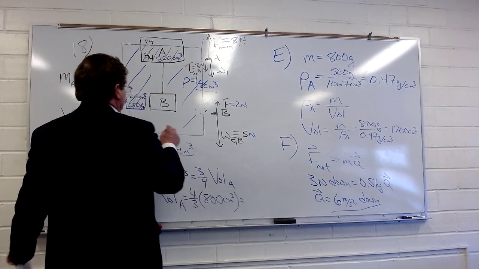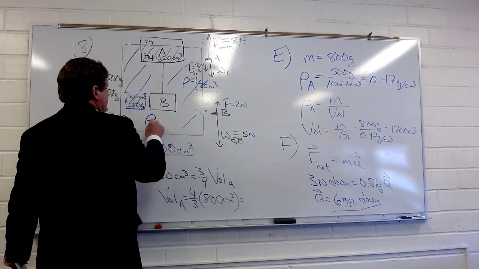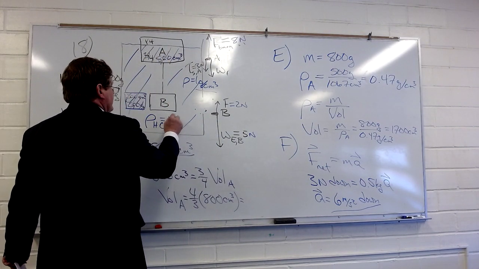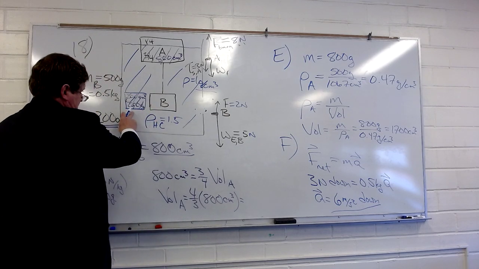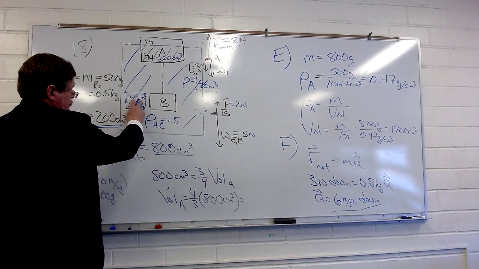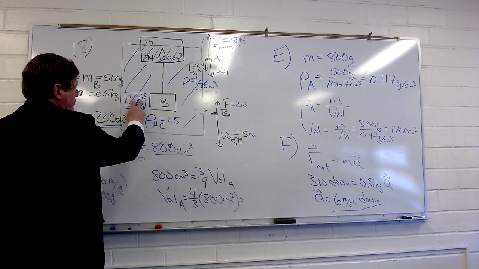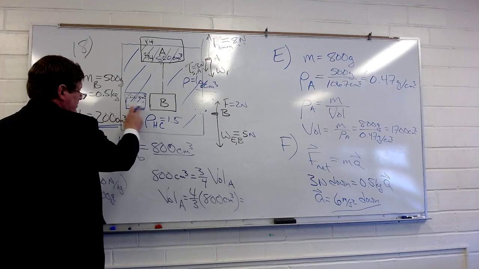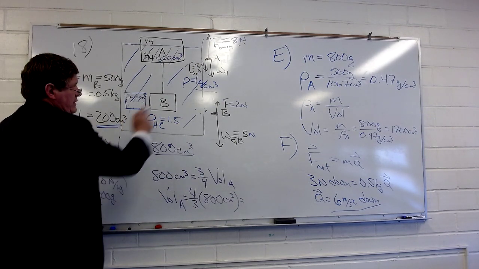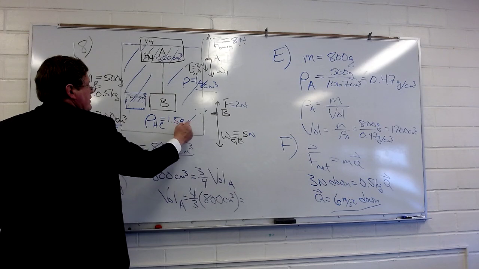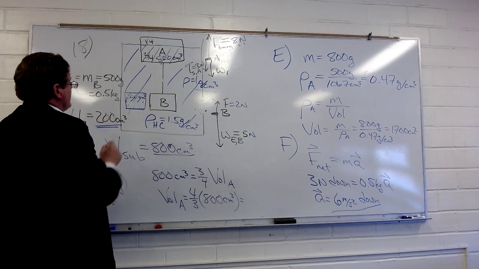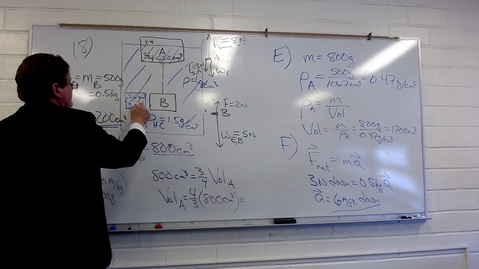I mean, if you had heavy cream, where the density of the heavy cream was 1.5, well then, if this had a volume of 200 centimeters cubed, it wouldn't have a mass of 200, that would be for water where it's 1 for 1. Well, if it's 1.5 grams for every centimeter cubed, I'm going to have 300 grams here.